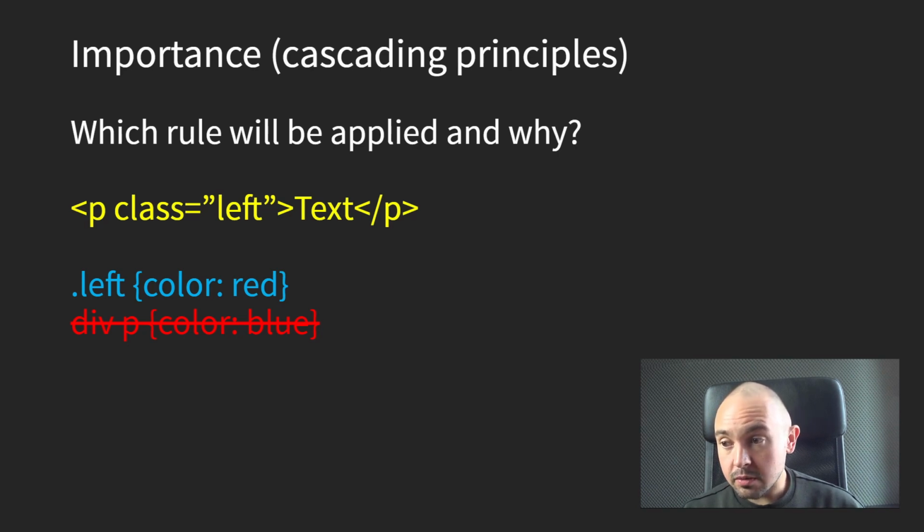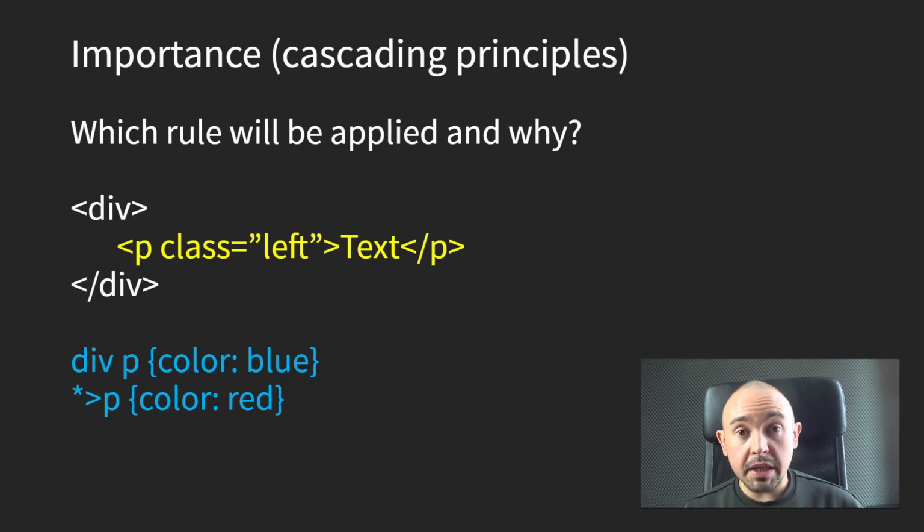And as we know, each class in the selector is a silver medal, and one silver medal is more important than all the bronze medals. So even if the selector below were html body div p, which would give us 4 bronze medals, one silver medal is still more important. Now let's go to the next question.